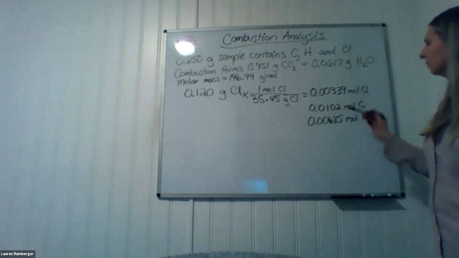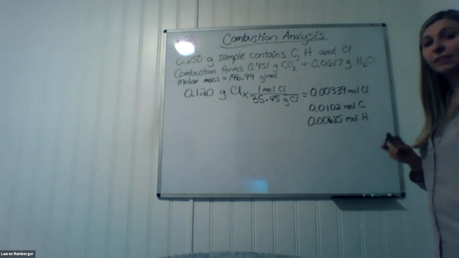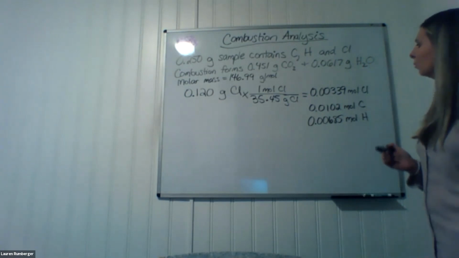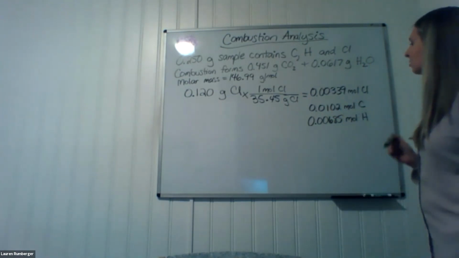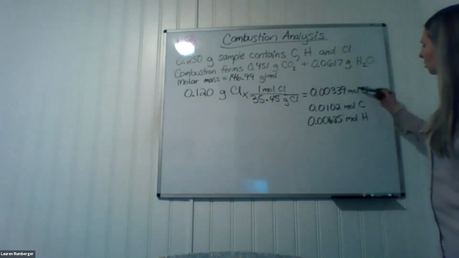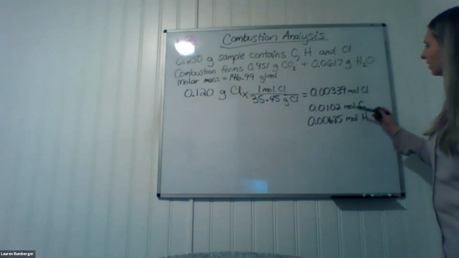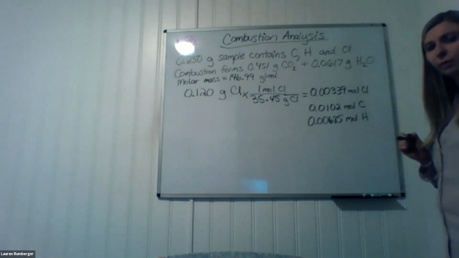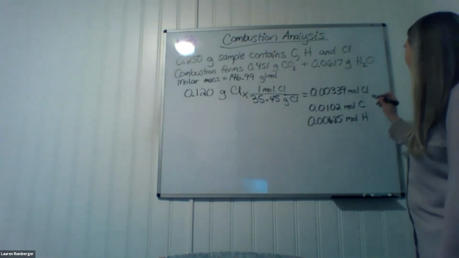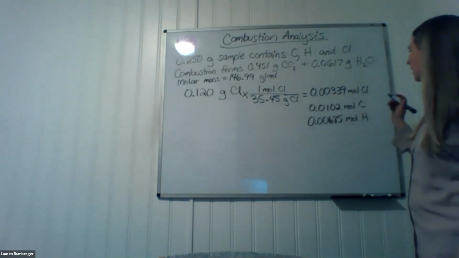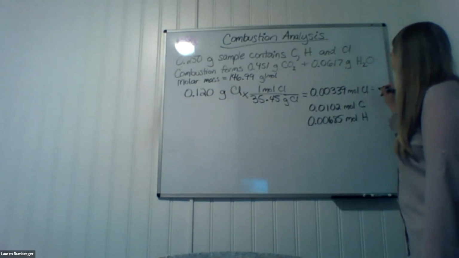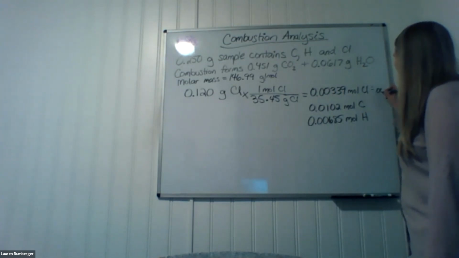So now we need to look at these amounts of each element and figure out which is the smallest amount and divide each one by that smallest amount. So the smallest amount here is going to be the amount of chlorine. So we're going to divide each one of these by 0.00339.